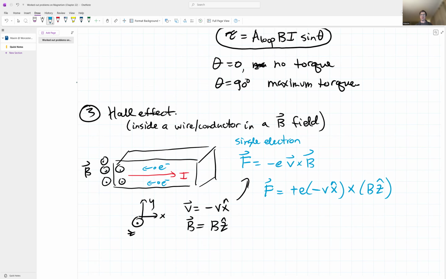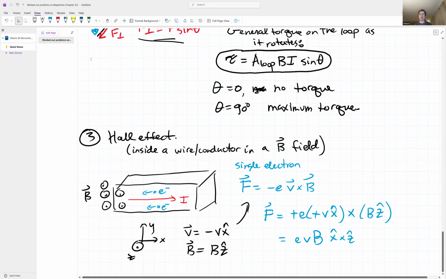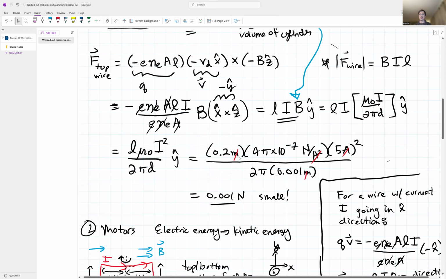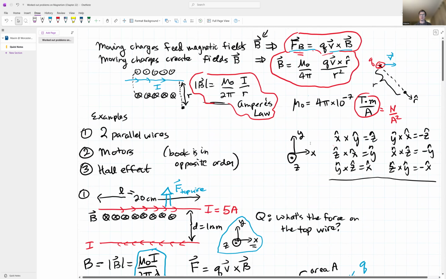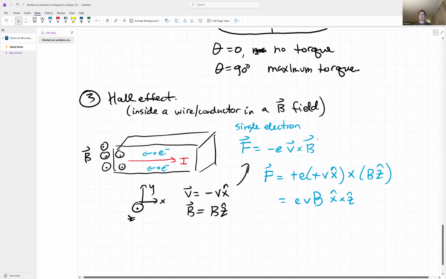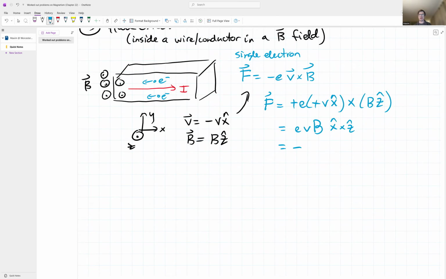So these cancel the minus signs, and you have e, v, B, and then it's x hat cross z hat. So then again, we have to go look in our table, see what x cross z is. x cross z is minus y. So there's a force in the minus y direction.